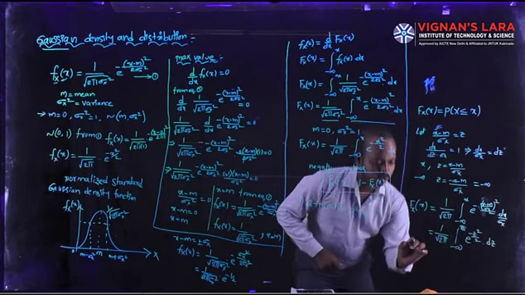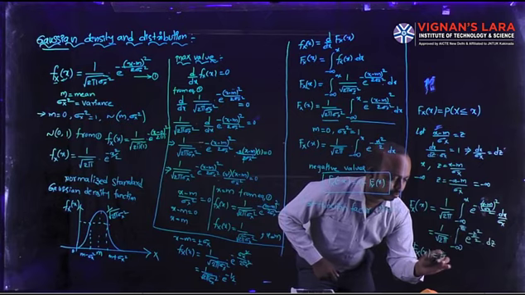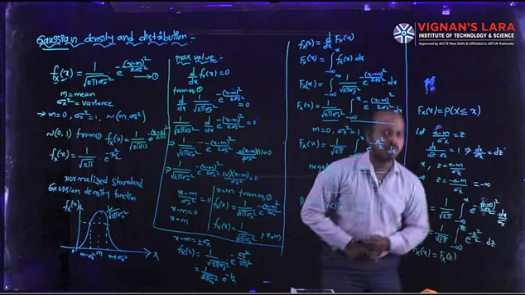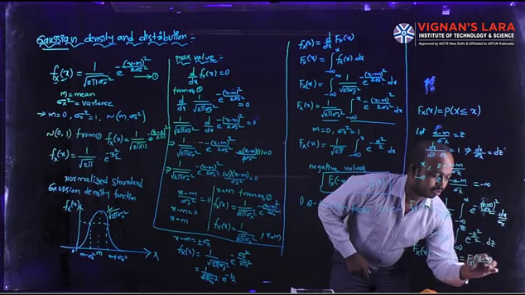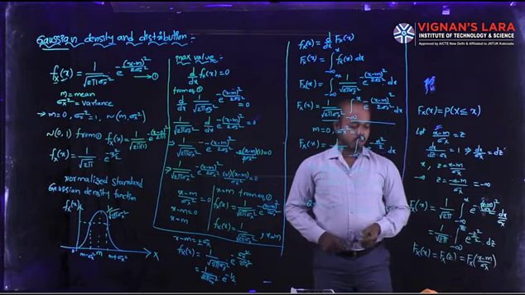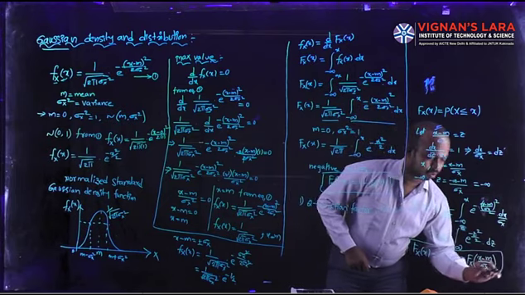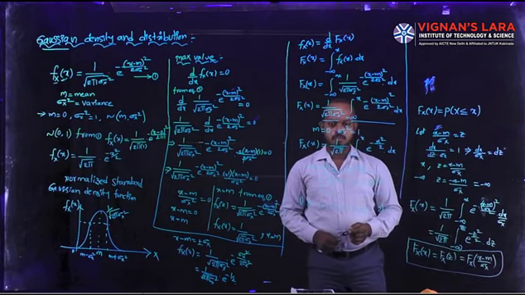This function we are writing fx of x is equal to fx of z. This function we are representing as fx of x minus m divided by sigma x. This is one more important relation in a Gaussian distribution function.